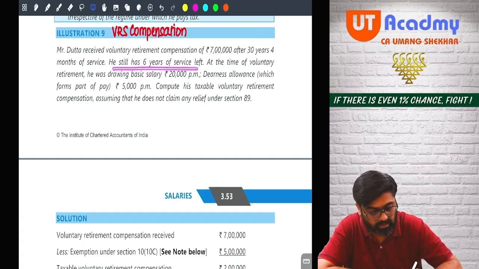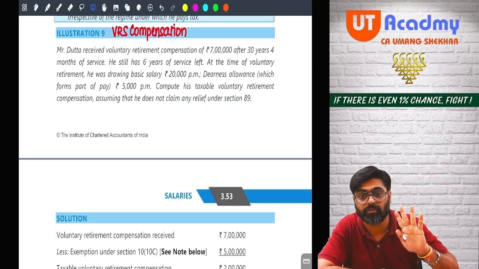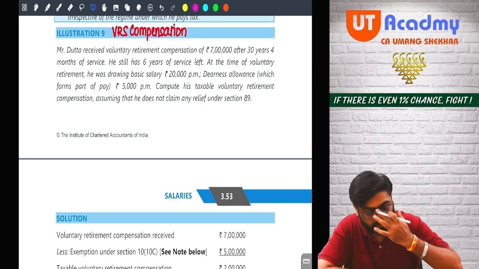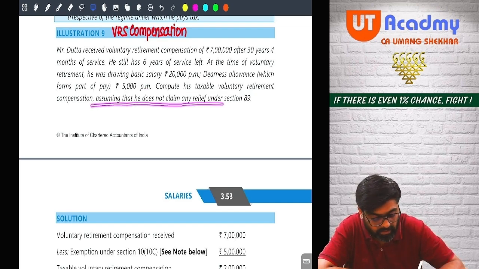He still has 6 years of service left. 6 multiplied by 12 will be 72 months of service balance. At the time of voluntary retirement, he was drawing basic salary of 20,000. DA, which forms part of pay, means DA in terms, 5,000. Compute his taxable voluntary retirement compensation, assuming that he does not claim any relief under section 89.